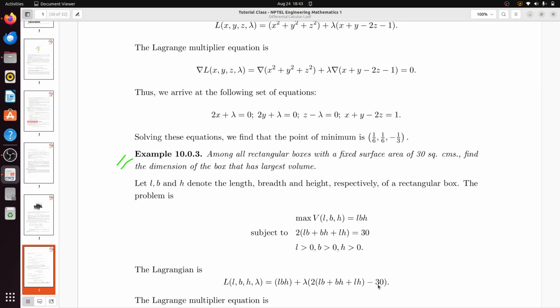Take derivatives. If you have a problem with the notation LBH, you can use x, y, z instead. Yes, sir.